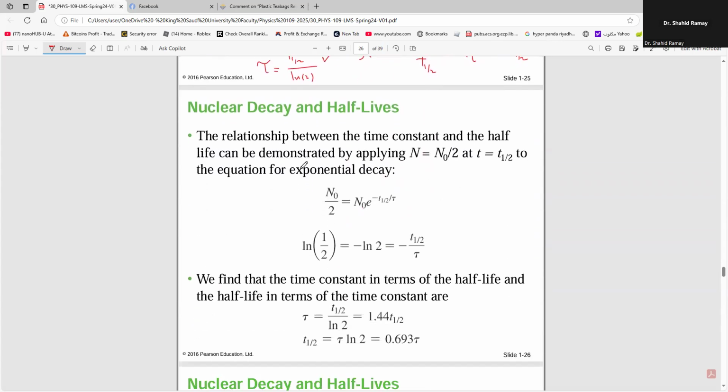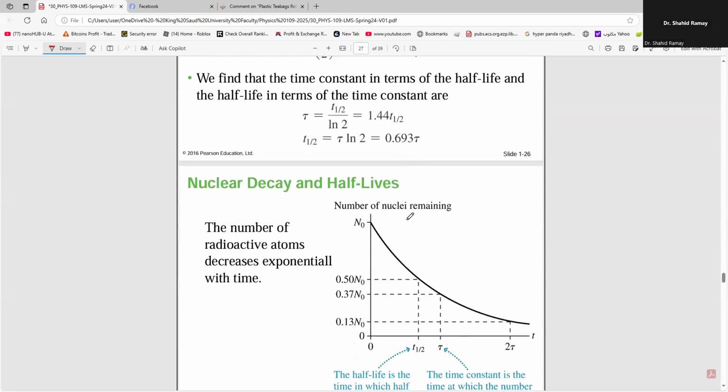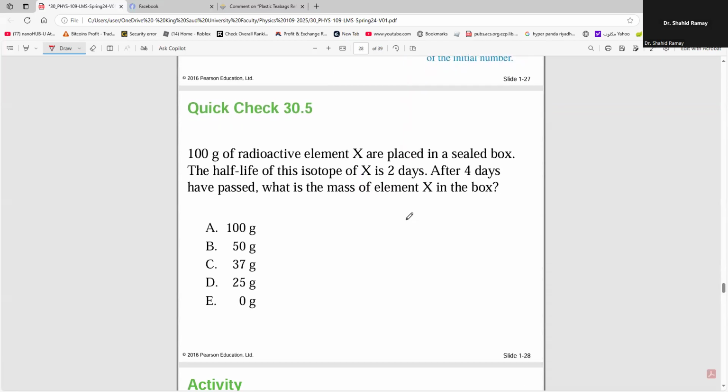Okay, after this, they have the nuclear decay and half-life formula in different forms, but we will use this one to solve the problems. Here you can see in this problem, 100 gram of radioactive element X is placed in a sealed box. The half-life of this isotope of X is 2 days.